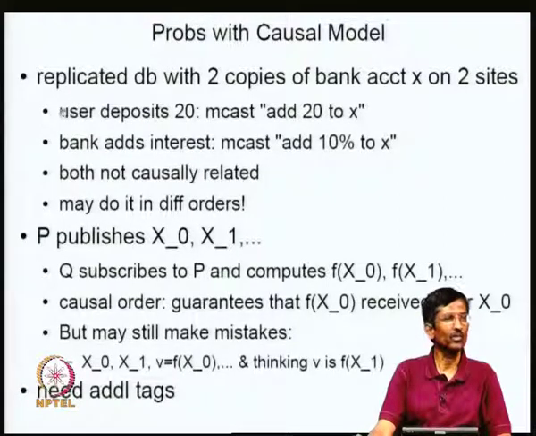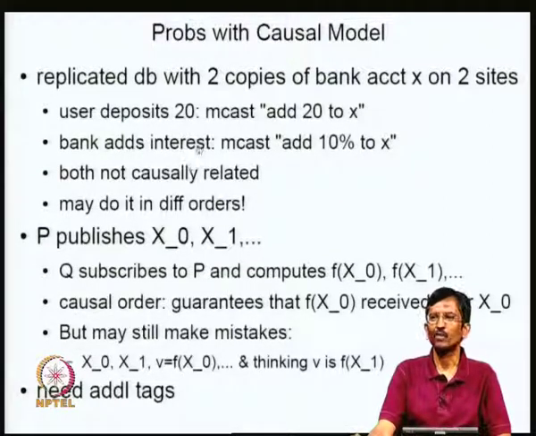This one user is doing this, but the bank independently, at some fixed point in time, can add interest every so often, and it says multicast: add 10% to x. Notice that these 2 things are not causally related. The fact that I am depositing 20 is not connected with the bank adding interest.